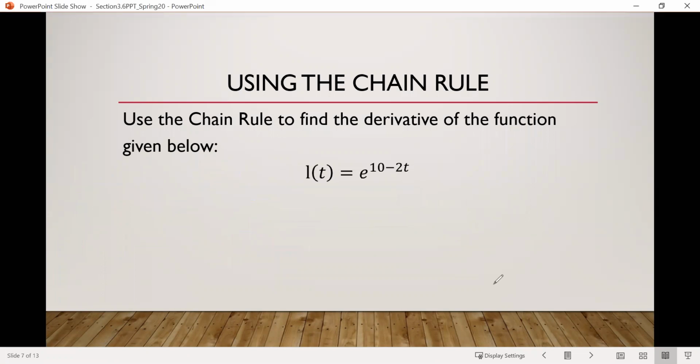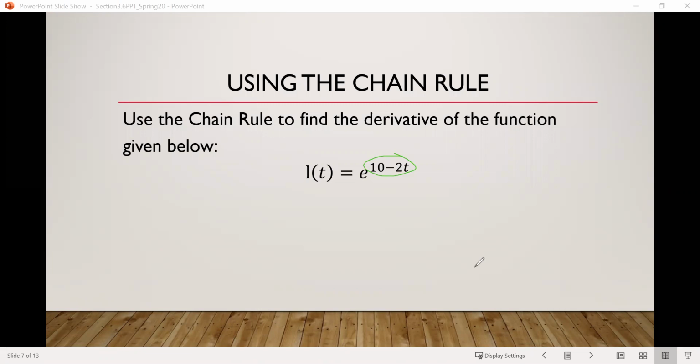All right, let's look at another example of the chain rule. So here we have this function L of t, which is given by e to the 10 minus 2t. And we first have to identify, does this look like a function within a function? Well, I notice that in the exponent here, we see this 10 minus 2t.